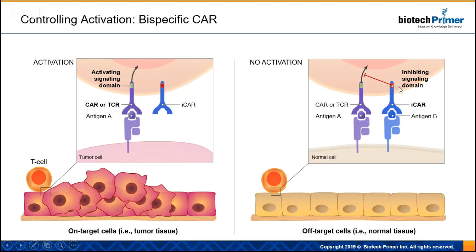If, however, antigen A is present, but also antigen B, the antigen that is specific to lung cells but is not present on tumor cells, then this inhibitory receptor is going to be activated and send an inhibiting signal. It's essentially going to shut down the activation of the T cell. So we won't have these CAR Ts attacking healthy tissue.